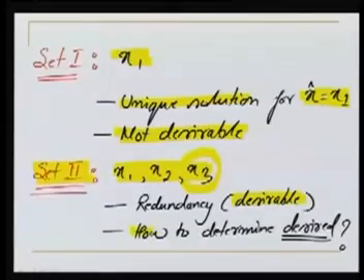But the problem in this case is how to determine the desired estimate, or the length of that line, because we have now 3 observations, x1, x2 and x3. Out of these 3, which one, or the average of all these 3, or the average of any 2 of these? So what we see, we have now many possible solutions.